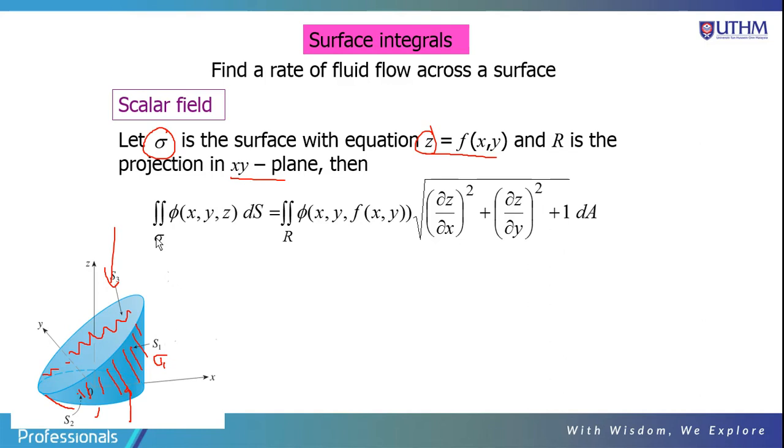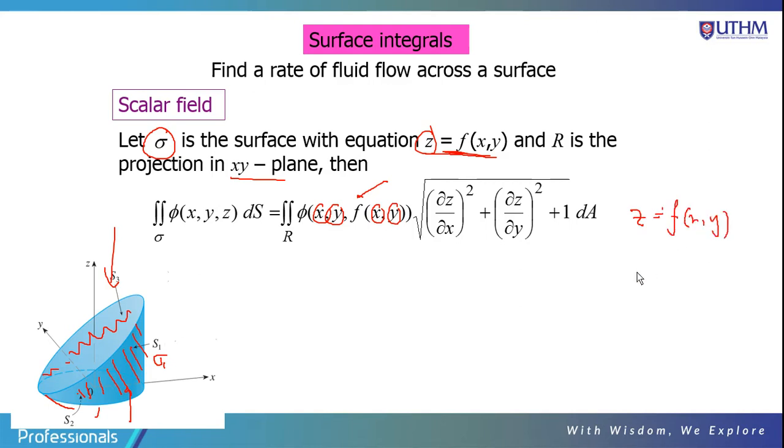The formula is the double integral, and the function must be in terms of x and y, no more z in the function. You need the partial derivative with respect to x, and with respect to y, and plus 1. This applies if the surface equation is z equals f(x,y).